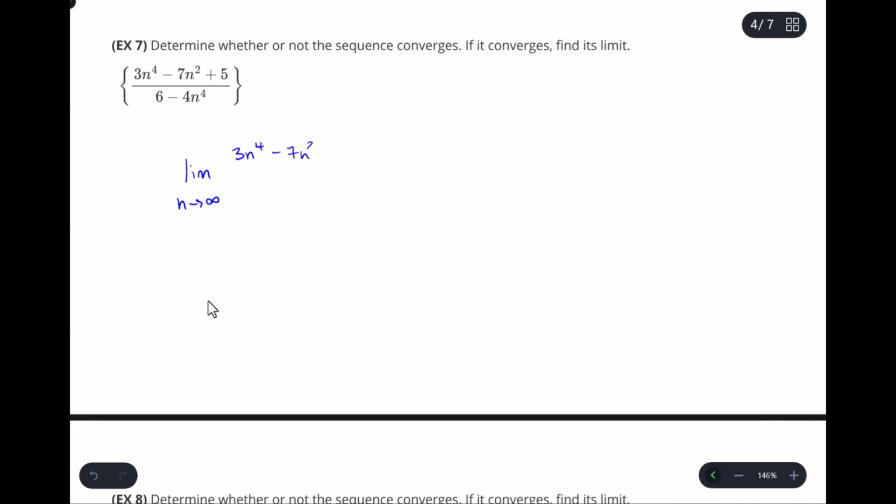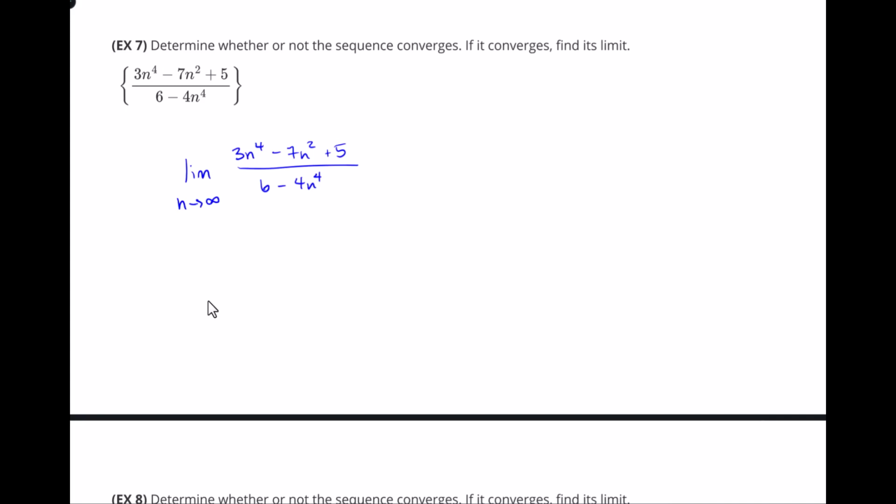As I said, you're welcome to use rules of rationals, or you're welcome to use L'Hopital's if it applies. Be careful, because it's easy to want to jump in and use L'Hopital's every single time you run into a limit, but it only works for limits of the type 0 over 0 or infinity over infinity. In this case it would apply, but you can also use rules of rational functions here.